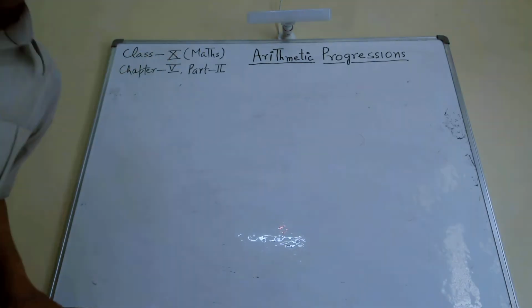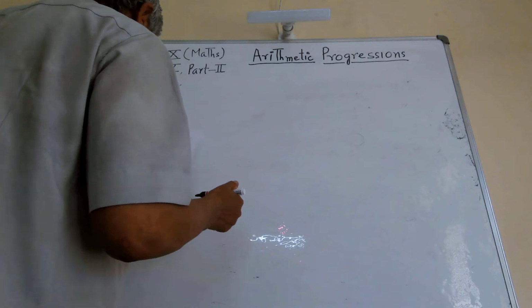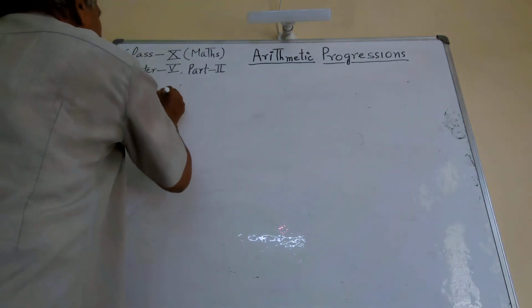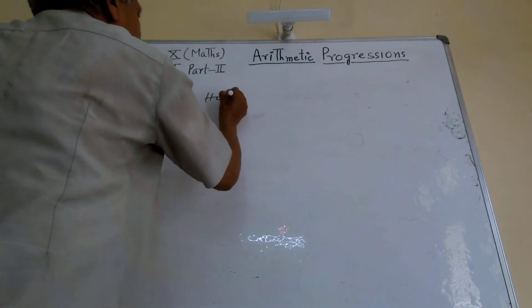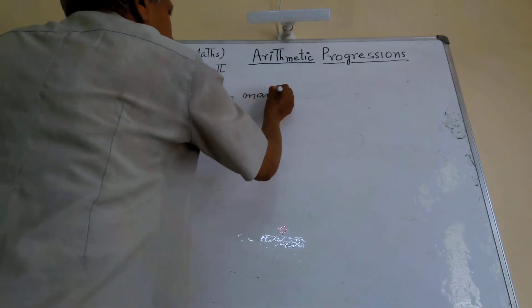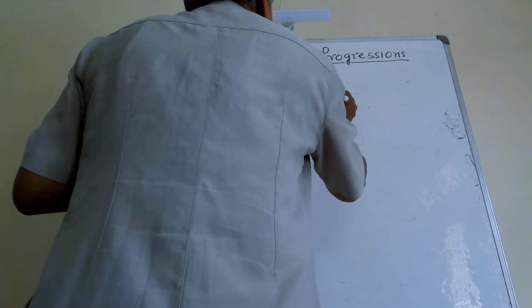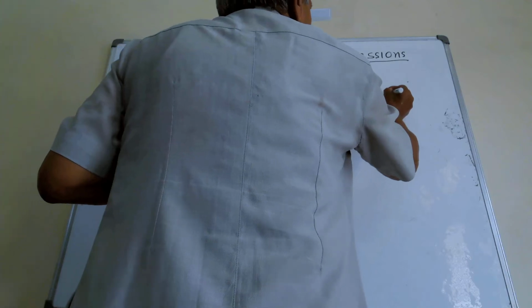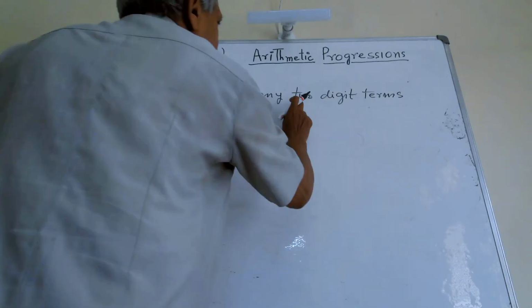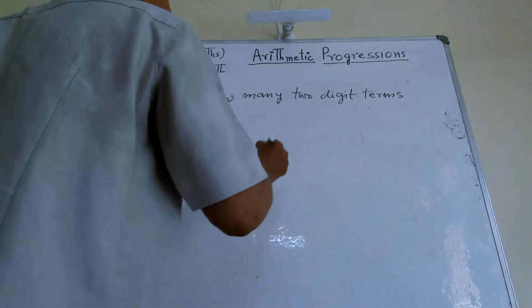Third question: how many two-digit terms are divisible by 3?